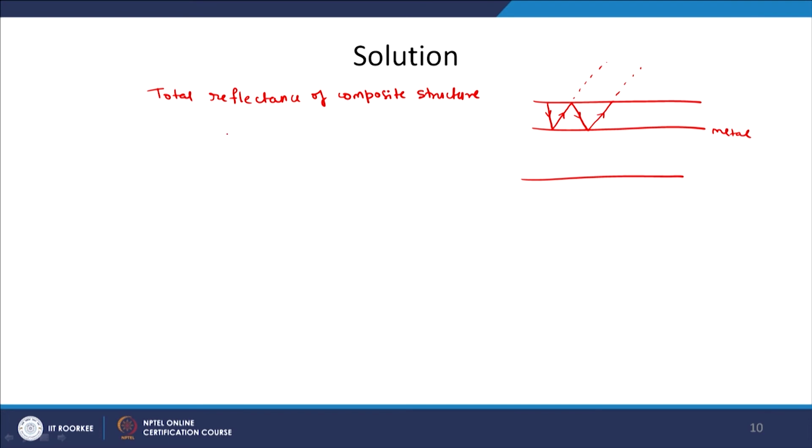So, we define rho lambda equal to rho 0 1.